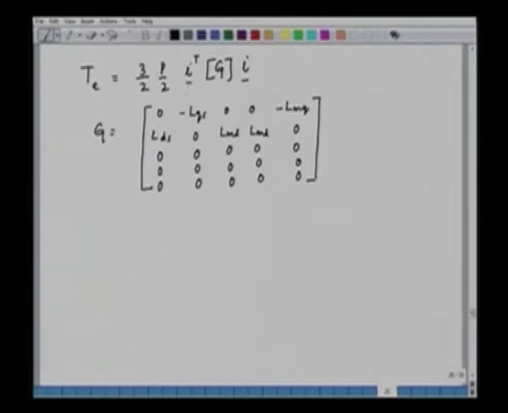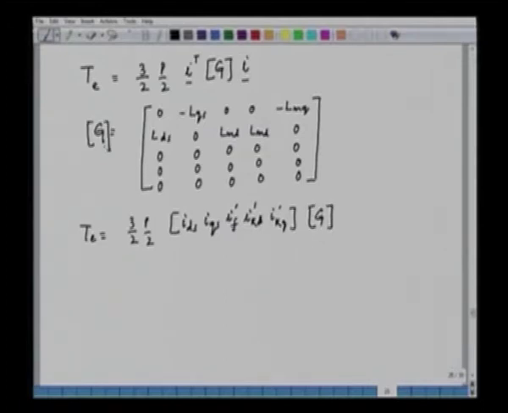Now if we pre-multiply with I transpose and post-multiply with I, we get the torque. T is equal to 3 by 2 into P by 2 into I transpose, which is IDS, IQS, IF, IKD, IKQ, and then I have this G matrix into I, which is IDS, IQS, IF, IKD, and IKQ.